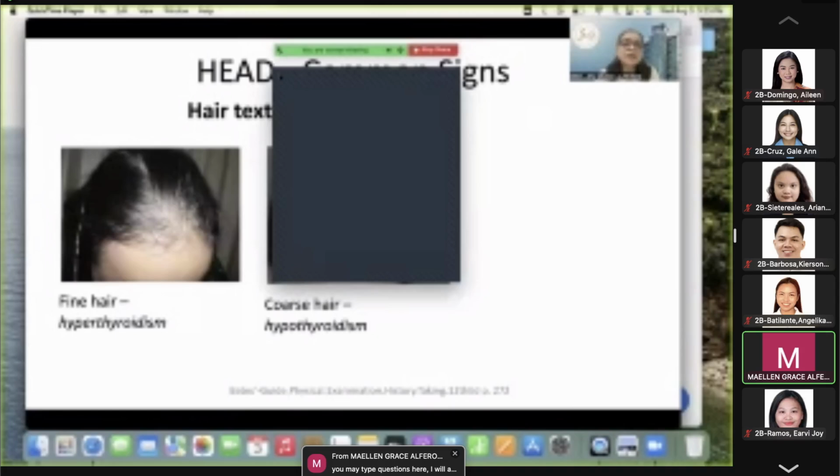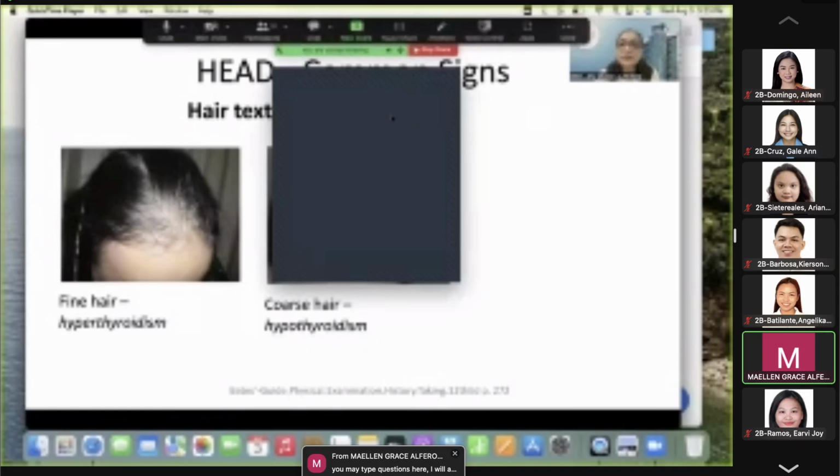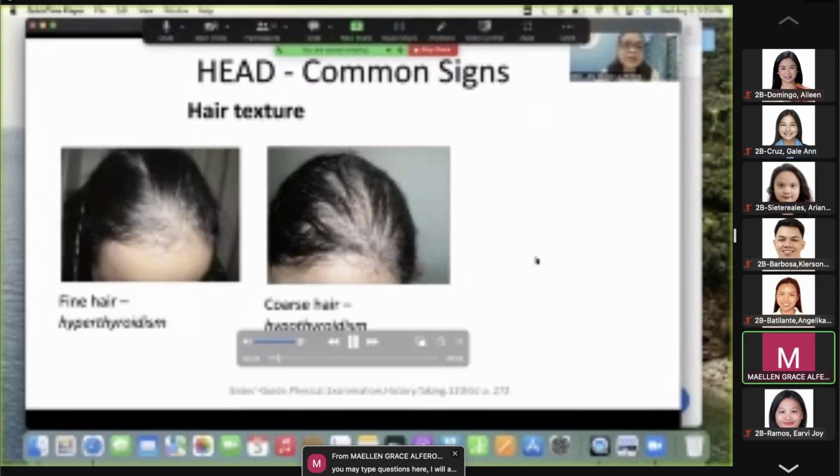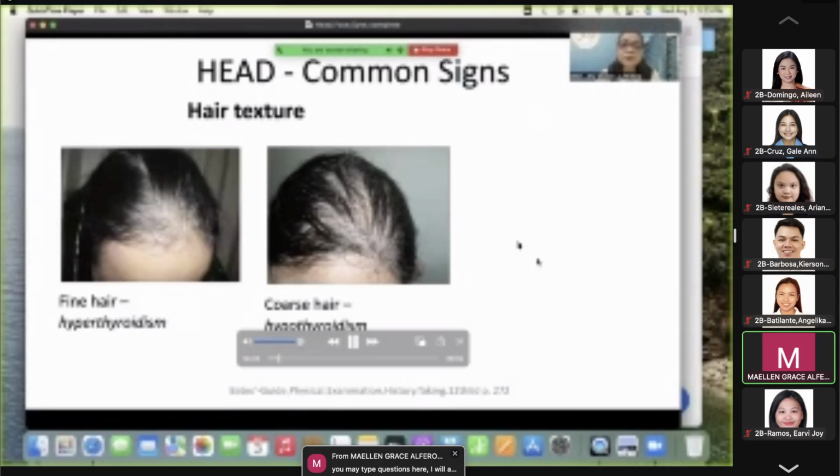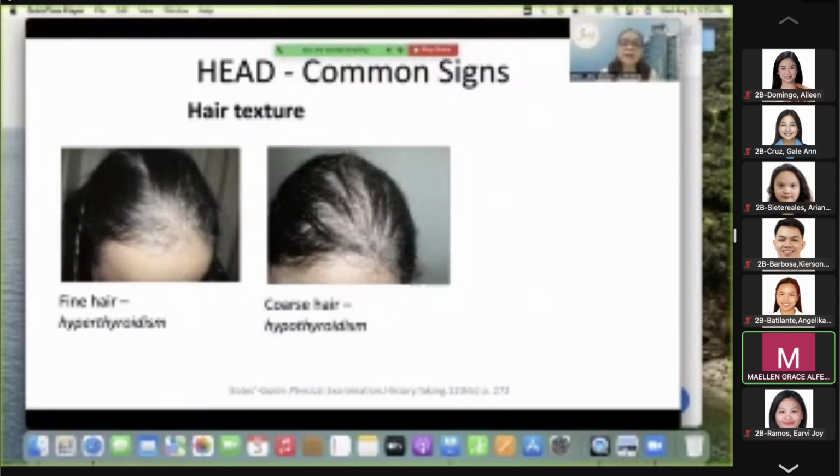You can see here that it is obvious just on examination, and more so when you palpate, that the hair in the first picture would be fine hair. This fine hair is usually seen in hyperthyroidism. Now, in the second picture, you see coarse hair, which is usually seen in hypothyroidism.